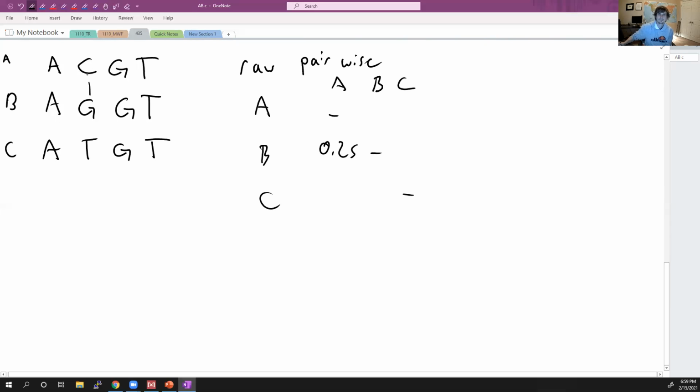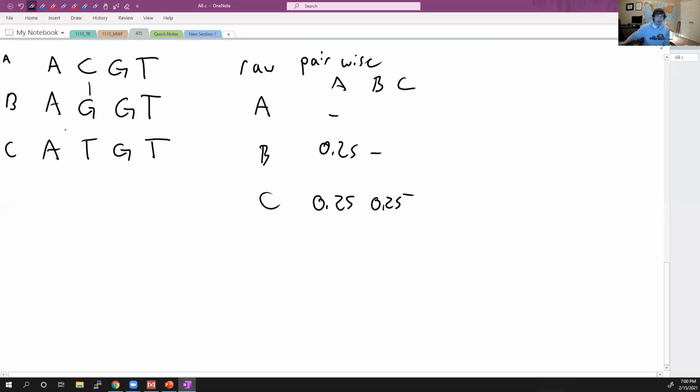A to C, we'll see one difference, 0.25. And B to C, again, we just see one difference, so again, 0.25. So this is the raw pairwise distance between these 3 sequences. So it looks like they're equally different from each other.